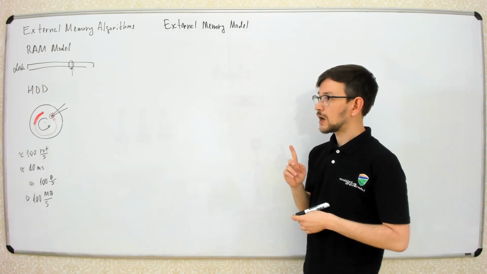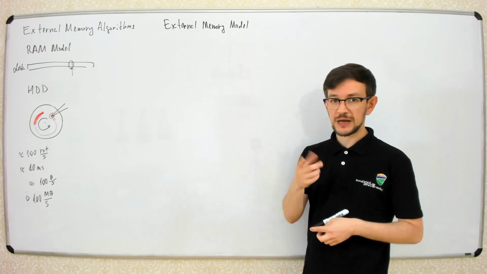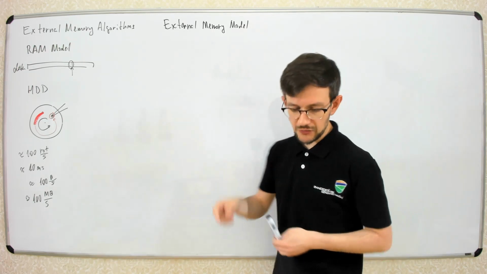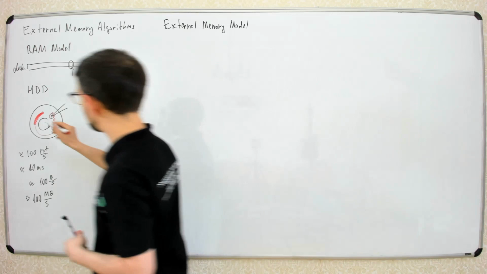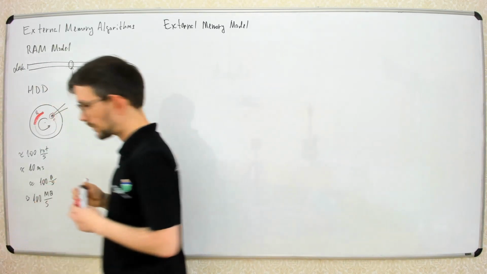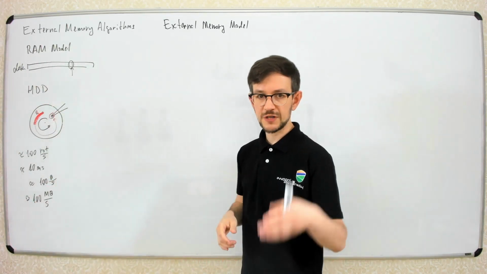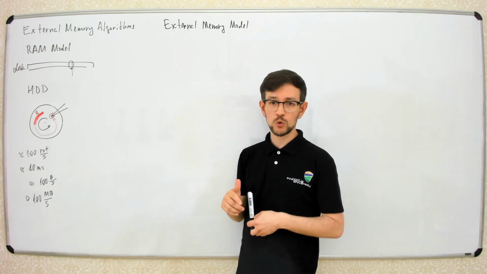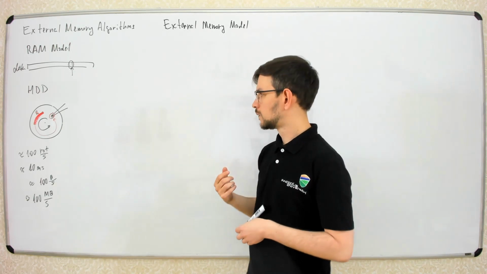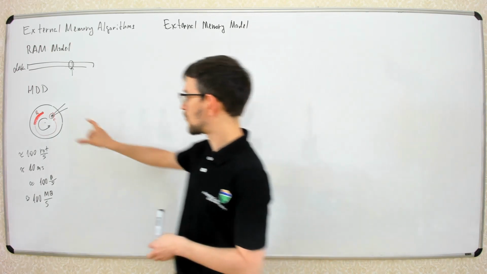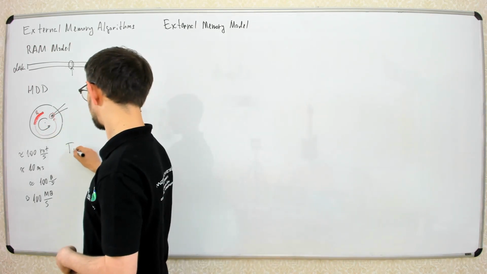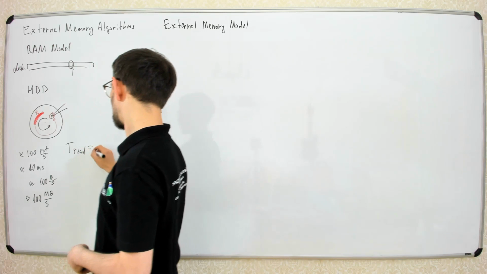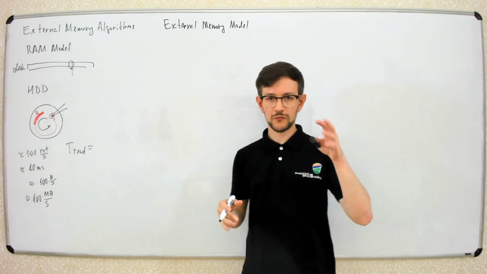Let's read data in blocks. Say this block has size B, and we want to read the whole block. How much time do we need? The time of reading this block will be the sum of two values.